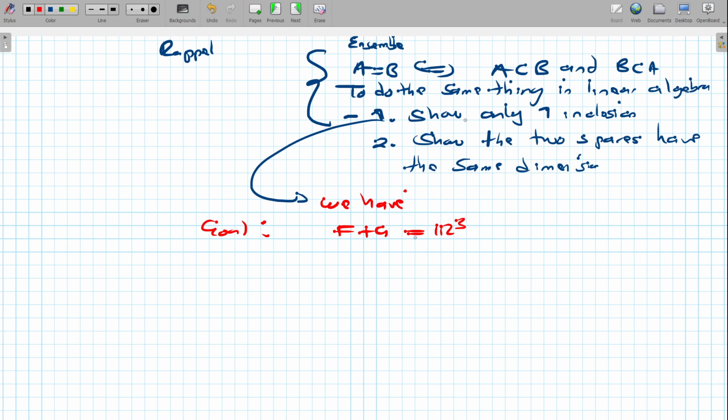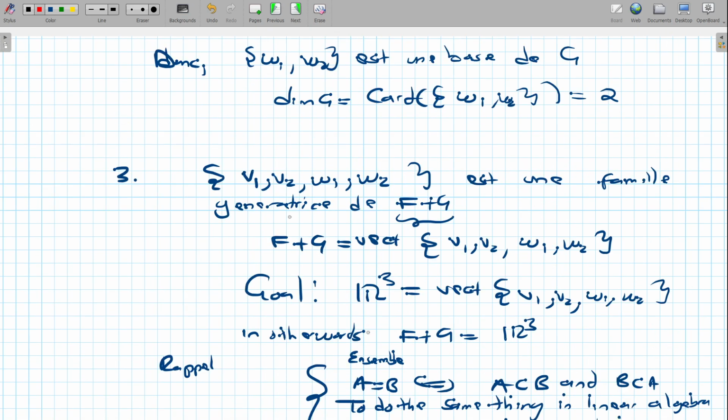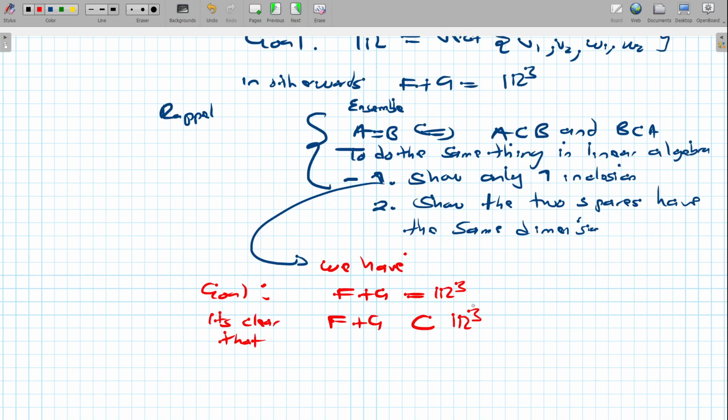So it's clear, trivial, that F plus G is included in R3. Why? If you look at all the vectors in this family, v1, v2, w1, w2, they all have how many components? Three components. And all of those vectors are elements of what? Of R3. So this space is going to be a subset of R3.